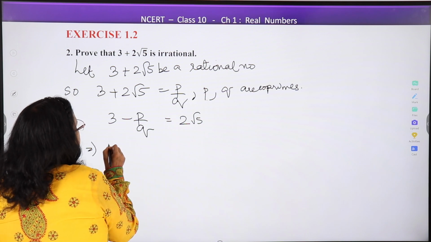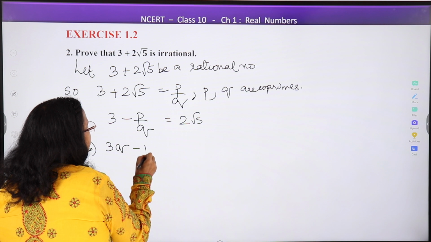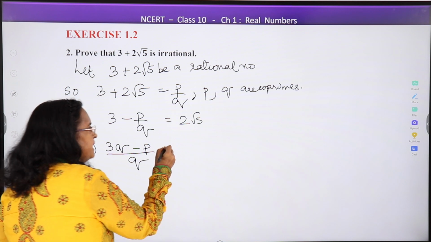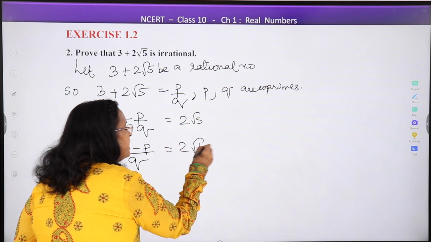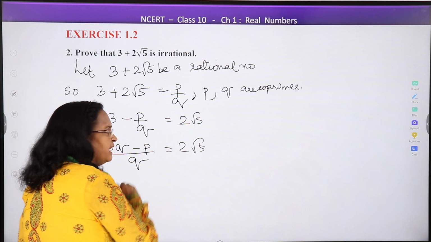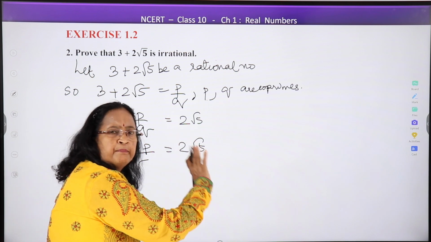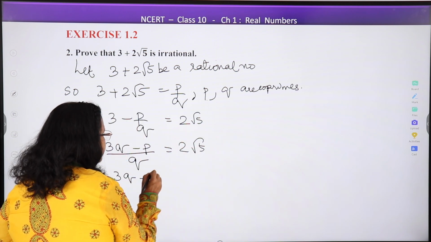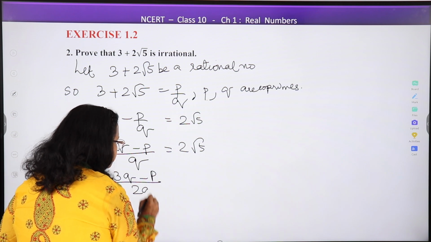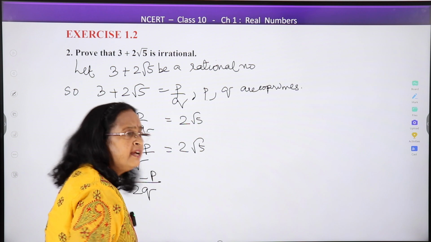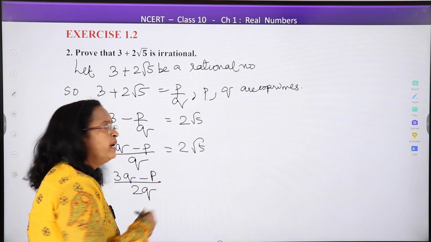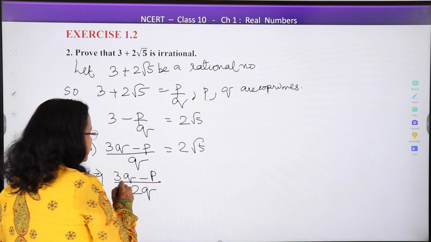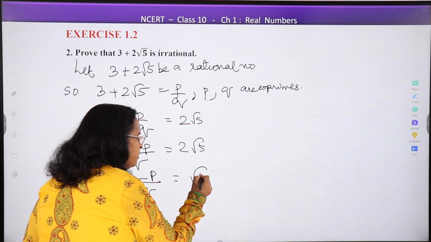So this is 3q minus p whole by q when we take LCM, that is equal to 2 root 5. Now I can bring the 2 to the left side to keep only the irrational number on the right side. 3q minus p by 2q, because it is multiplication on the other side, when it comes to the other side of equal to, it becomes division, because the opposite of multiply is division. So 3q minus p by 2q is equal to root 5.